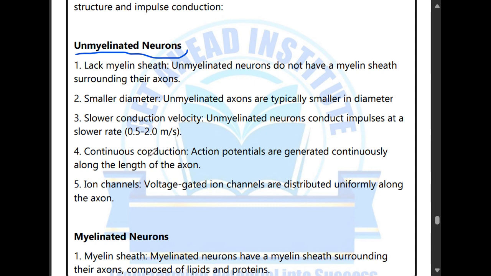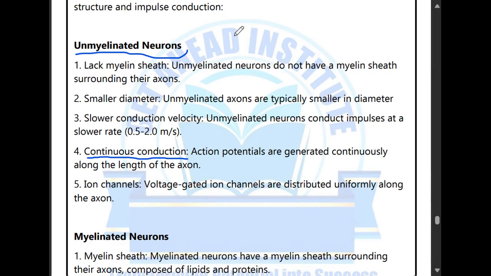In unmyelinated neurons, conduction occurs through what we call continuous conduction. Action potentials are generated continuously along the length of the axon, and this is one of the explanations why the conduction velocity is slower in unmyelinated neurons.